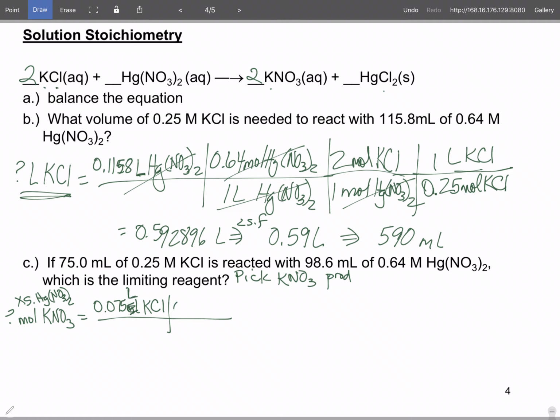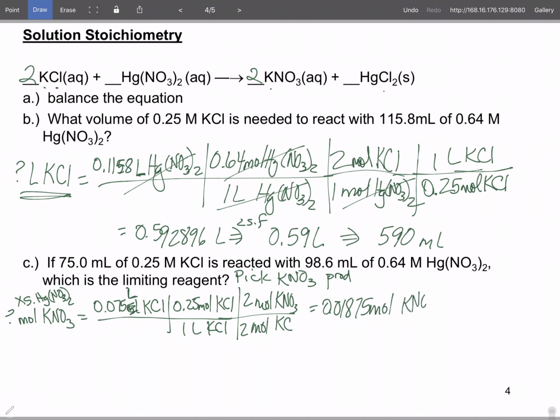So we know that there are 0.25 moles of KCl per 1 liter of KCl. And this is where we have to go through the equation. Moles of KCl to moles of KNO3 is 2 to 2. So at this point we have 0.01875 moles.